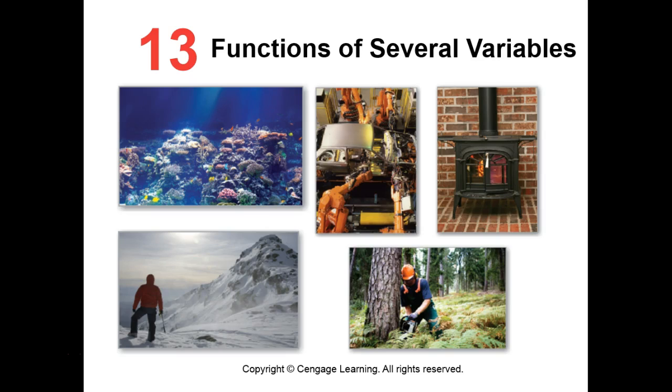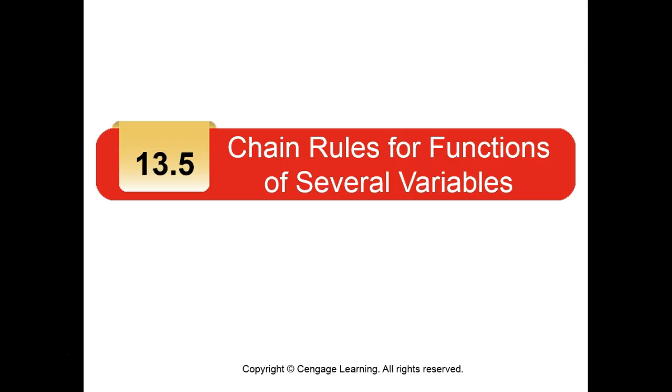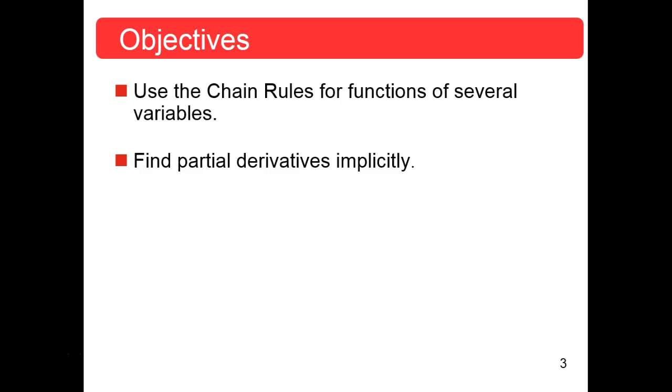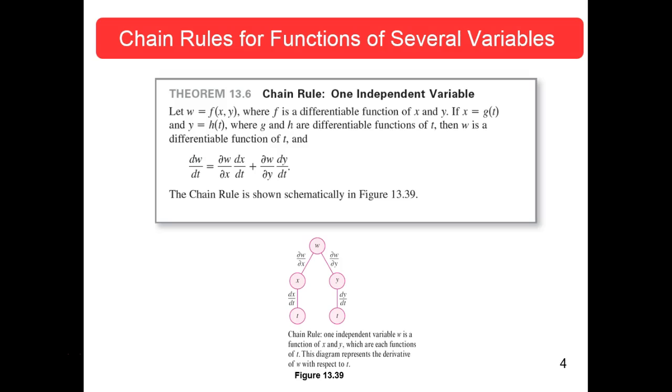All right. 13.5, chain rules for functions of several variables. It seems like we've already used one or two already. Let's use the chain rules for functions of several variables. That's the first objective, and we'll find partial derivatives implicitly. Second objective. All right, so here's our definition.